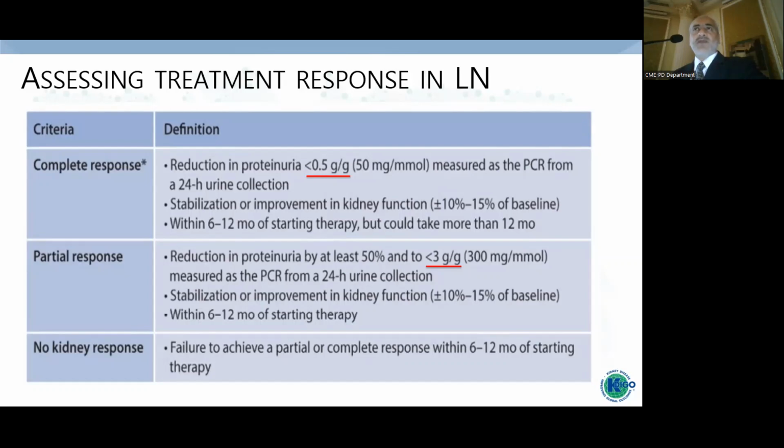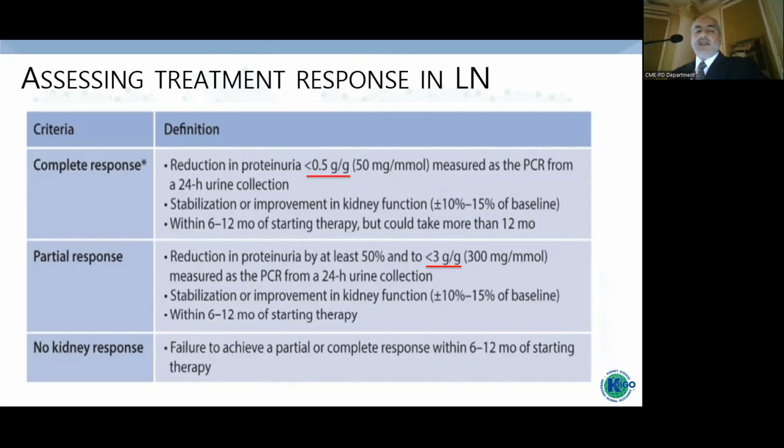If this patient achieves these parameters within 6 to 12 months of initiation of treatment, this is called complete response or complete remission, after which the patient can start going for the maintenance therapy.